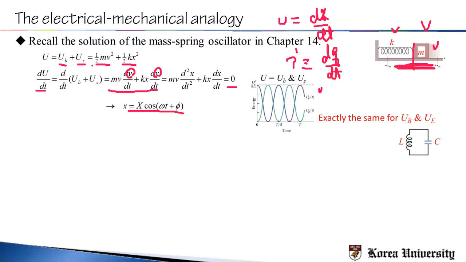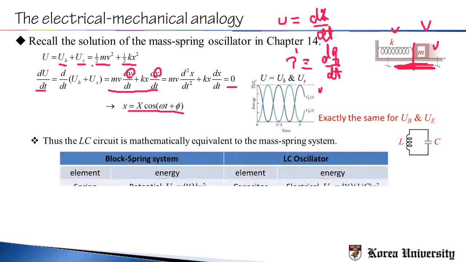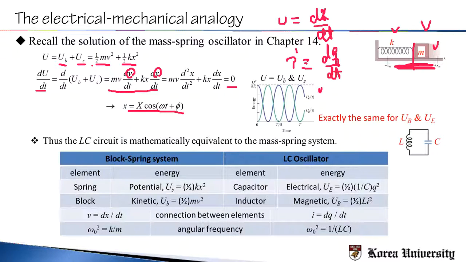So as a summary, let's make a table which directly compares this mass spring system and the LC oscillations. In the block spring or mass spring system, the total energy was the potential energy plus the kinetic energy, and the potential energy of the spring was half of the spring constant multiplied by the displacement squared.